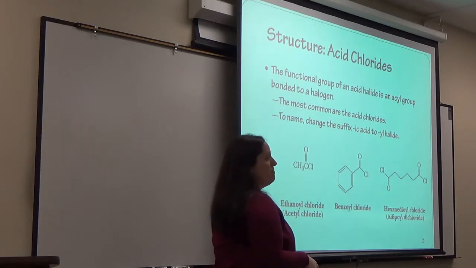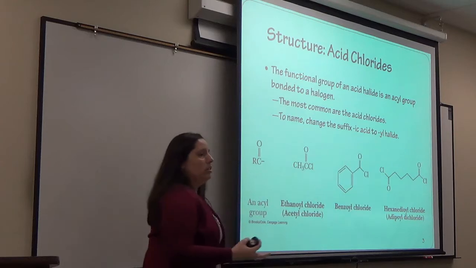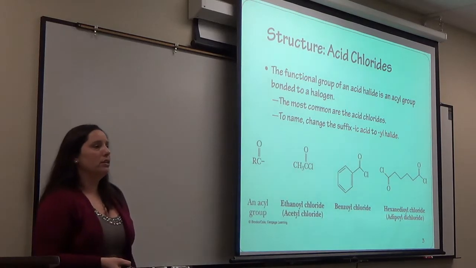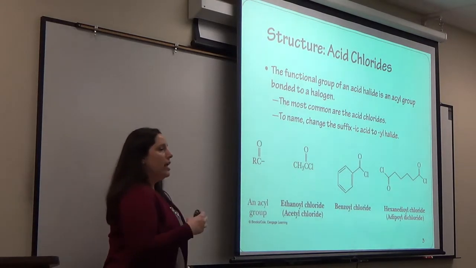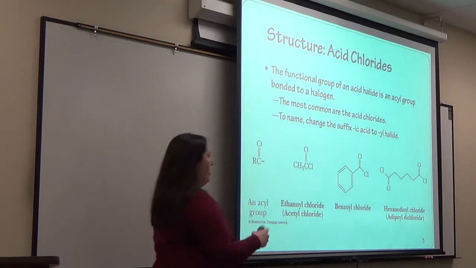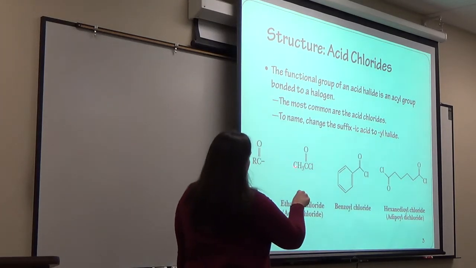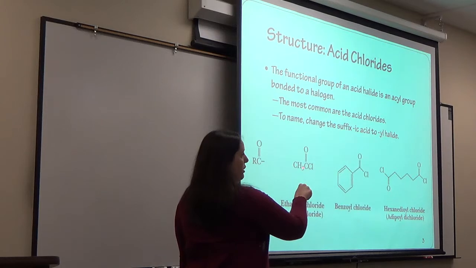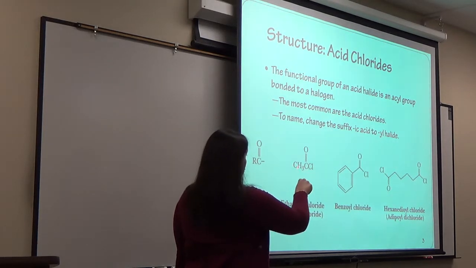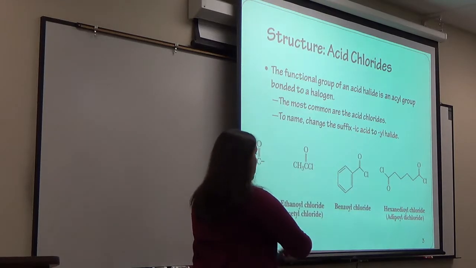Does that make sense? Because all of these derivatives come from the carboxylic acid, the naming also comes from that. So when we look at this, this comes from acetic acid, would you agree? Or ethanoic acid, 2 carbons. If you had the OH, it would be ethanoic acid or acetic acid.